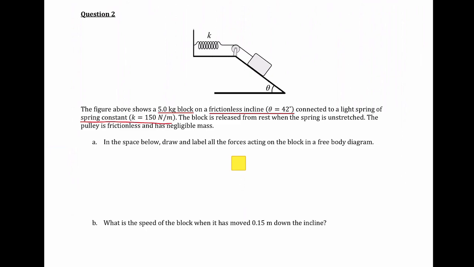And we know that the block is released from rest, so the initial velocity is equal to 0, and the spring at that position is unstretched. So probably because of gravity, the spring will stretch and probably will perform an oscillation or a simple harmonic motion on the surface of the inclined plane.